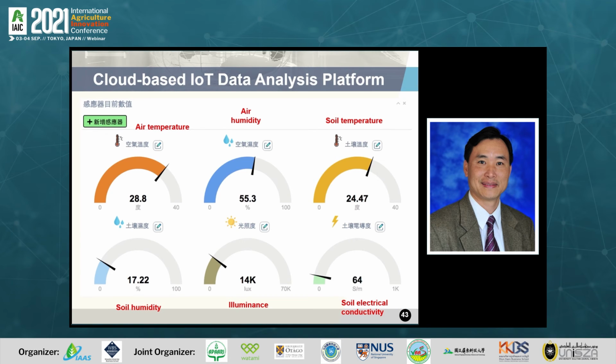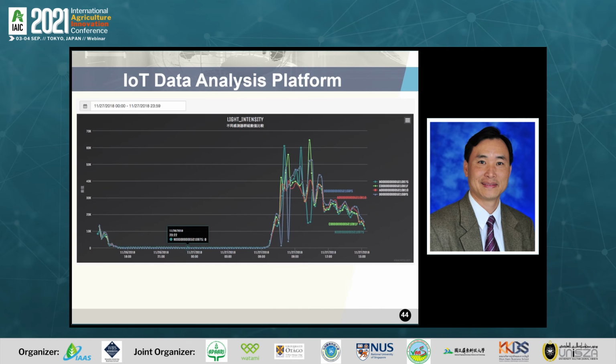And we also developed a cloud-based IoT data analysis platform to collect all the data, including the soil, the weather stations, and also the video from the camera. We can analyze the data from the weather stations and the soil sensors. You can see the light intensity with different values at different times of the day.